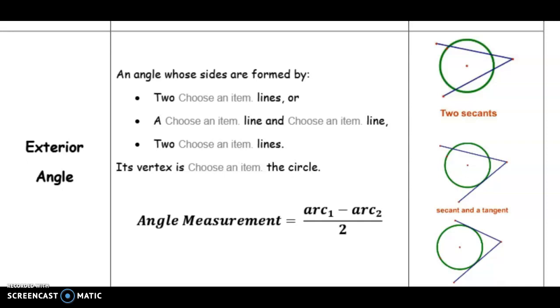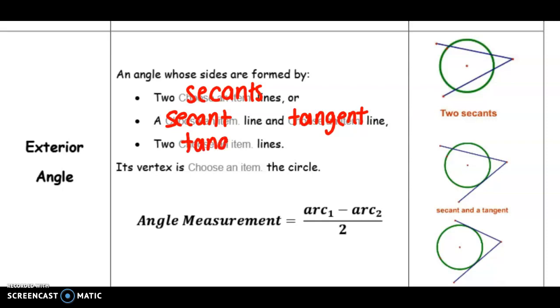An exterior angle is an angle whose sides are formed by two secants, a secant line and a tangent line, or it can be formed by two tangent lines.